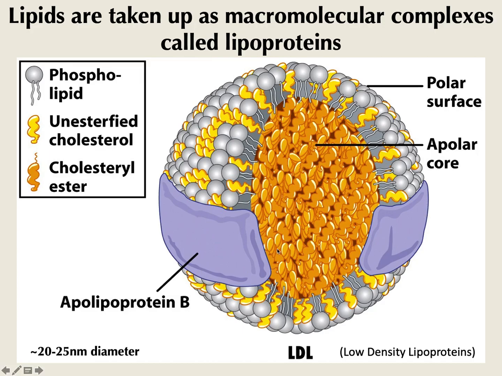That conveys some specificity. It's a tag telling the cells, here is an LDL, not just another membrane. So using apolipoprotein B, the cells can recognize LDLs, and they have a handle, if you will, to internalize it through endocytosis. So let's look into that.